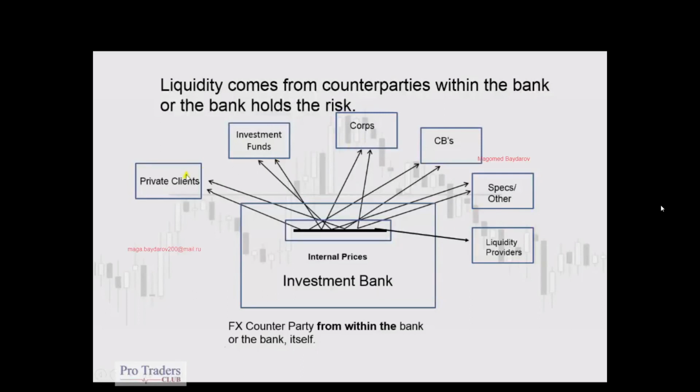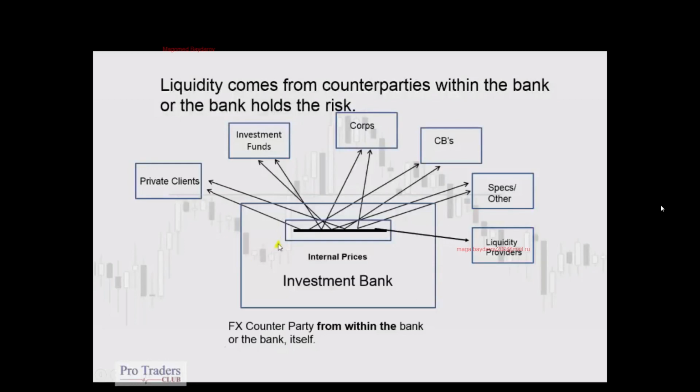If I am a private client and I have a view on what direction one currency might take over another, I can go to the bank and ask them to structure a product for me. It may be an accumulator, an accrual. There may be dual currency investment options involved, and any combination of that, including spot contracts, or spot positions, or forward, or even just swapping cash.